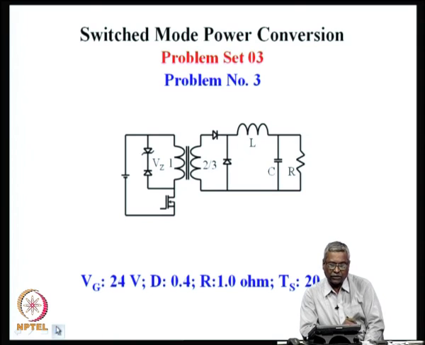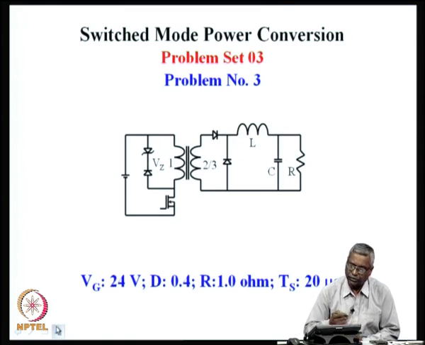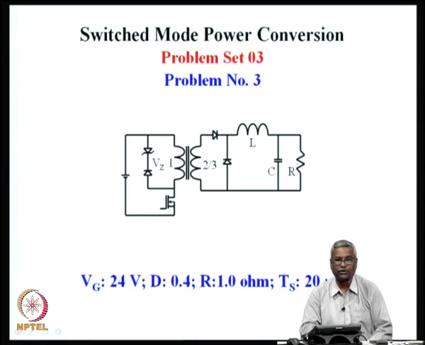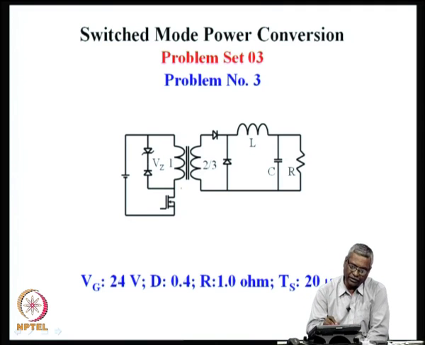Now, we will start with another problem, which is an isolated converter. In this particular converter, apart from the voltage conversion ratio, inductor, capacitor, voltage ripple, current ripple and so on, we have an additional loss in the converter, which is because of the magnetizing current in the inductor.